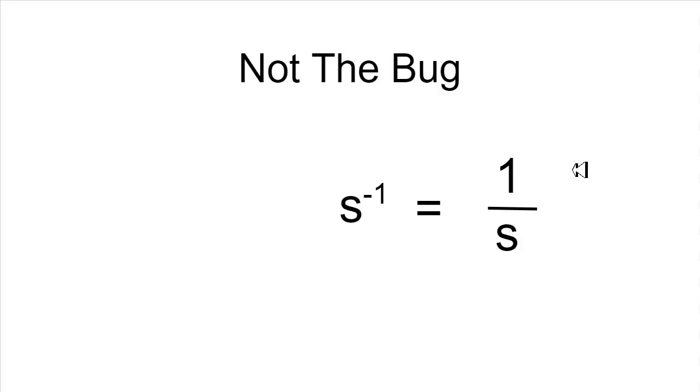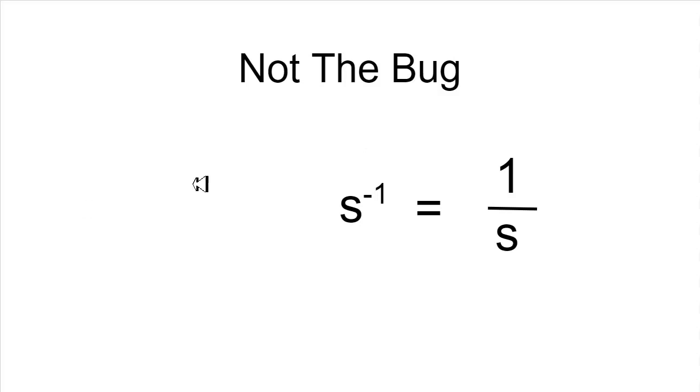This is perfectly fine in a mathematical formula. In the body of an equation, you might have a variable to the power of minus 1, and it is going to be equal to 1 over that variable or constant or whatever it is you are talking about. In a mathematical expression, in the body of an equation, this is perfectly fine.